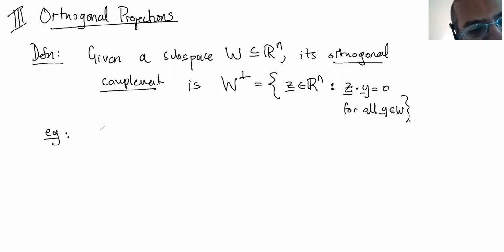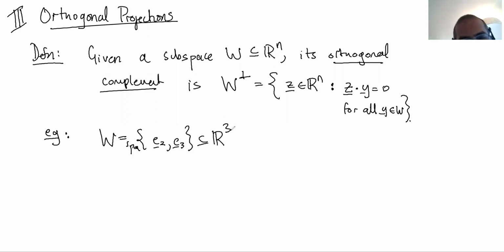The simple example is, let's consider W to be the span of E2 and E3 in R3. So what's W perp?